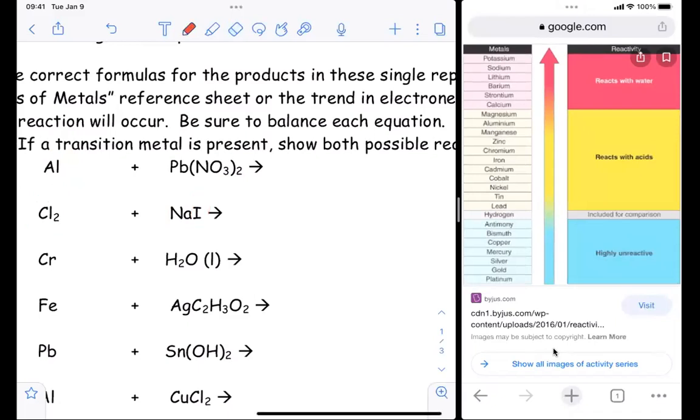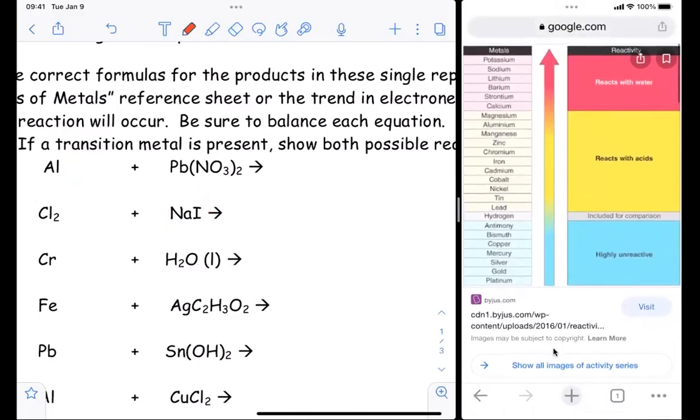So looking at the activity series on the right-hand side, and I can't move my mouse on it or anything, but we find aluminum is the second one in the yellow section. And lead is the last one in the yellow section.